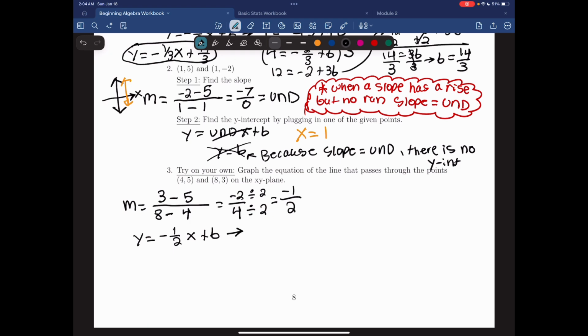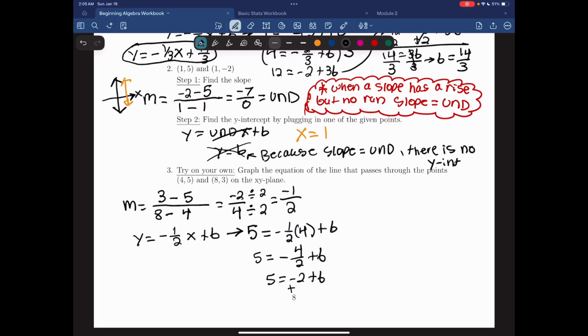So y is 5, and x is 4, so we get 5 equals negative 1/2 times 4 plus b. This simplifies to 5 equals negative 4 divided by 2 plus b. 4 divided by 2 is 2, so we get 5 equals negative 2 plus b.